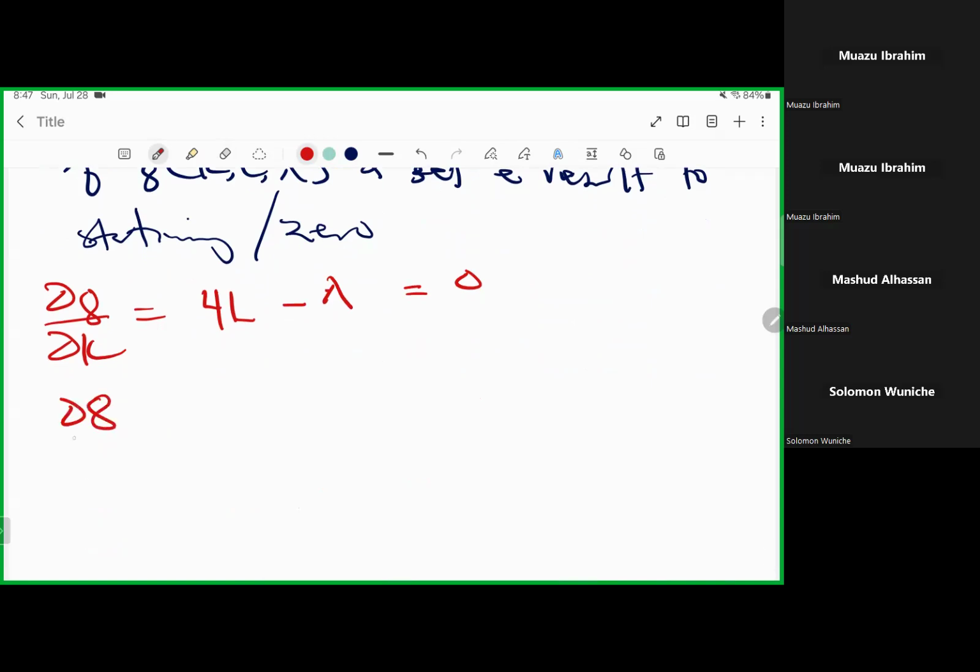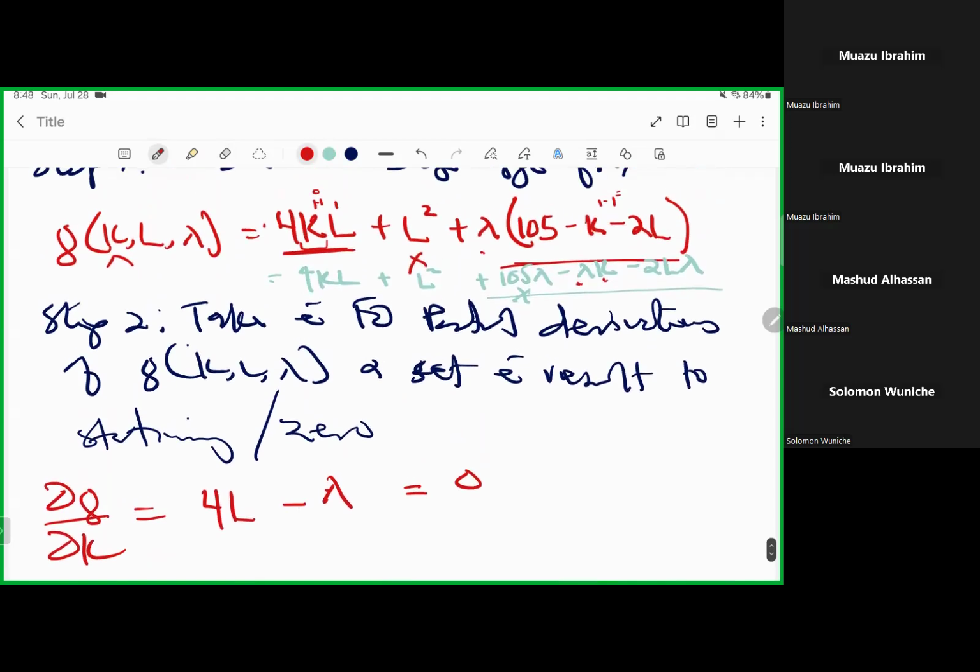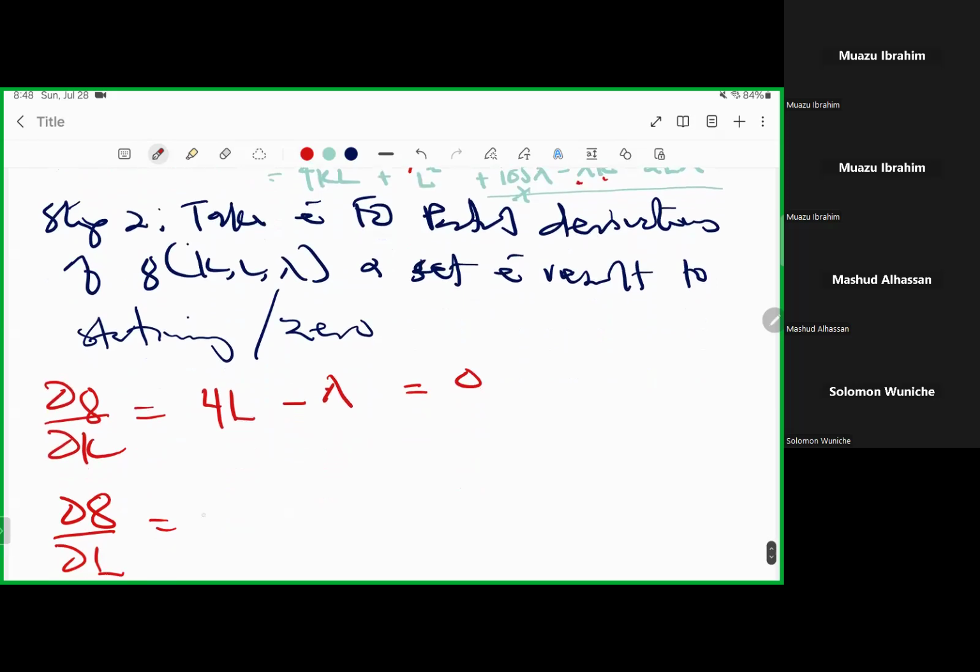The second one is to differentiate with respect to labor. Once you differentiate with respect to labor, here will be 4K, because the L goes and the rest stays. So 4K.